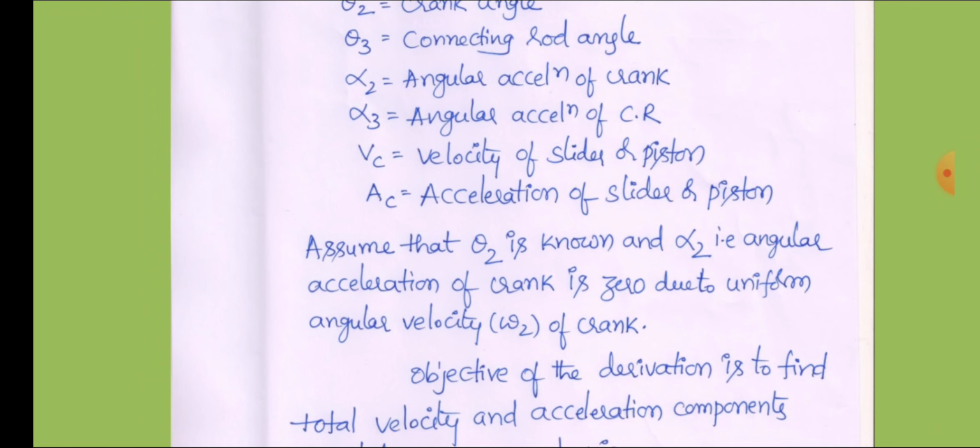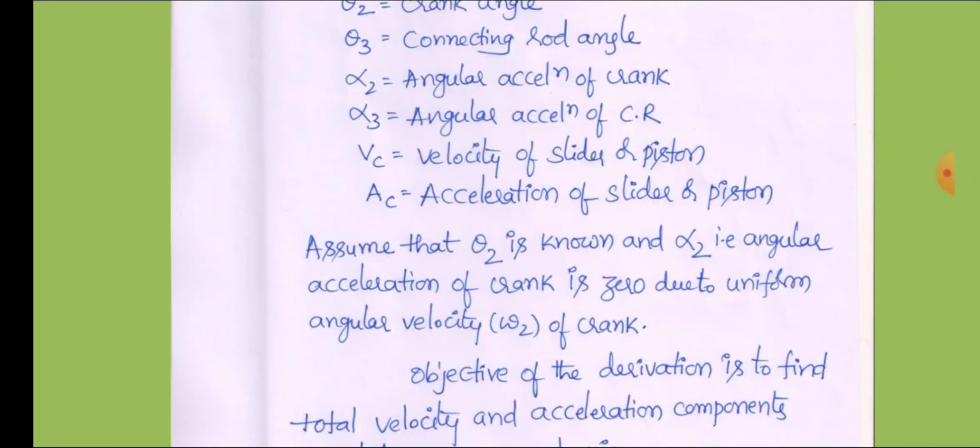Here we have to assume that in the derivation of velocity and acceleration of a slider crank mechanism, theta 2 will be given. Crank angle is known. You must remember theta 2 is known, meaning if a problem is asked, theta 2 will be given.